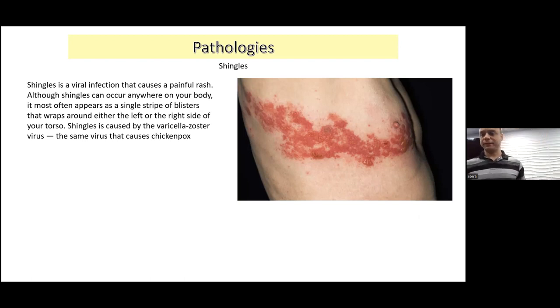And it is quite contagious too, especially if you've never had the chickenpox virus before. So if a client comes in and they seem to have shingles, it's an absolute contraindication. Postpone that massage and proceed from there.